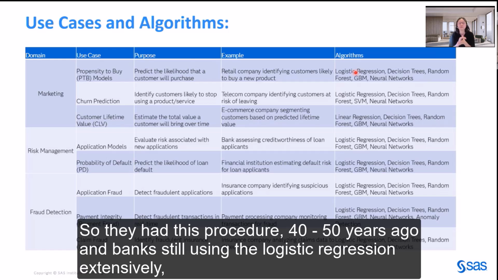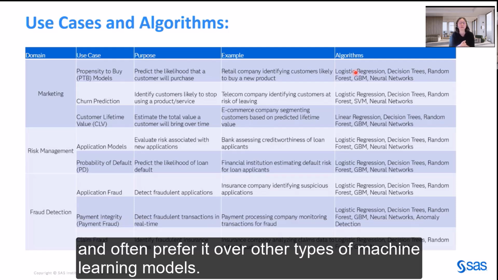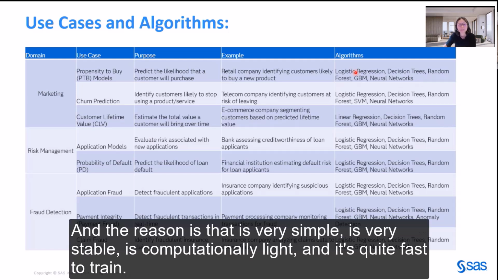And banks are still using logistic regression extensively and often prefer it over other types of machine learning models. The reason is that it's very simple, it's very stable, it's computationally light, and it's quite fast to train.